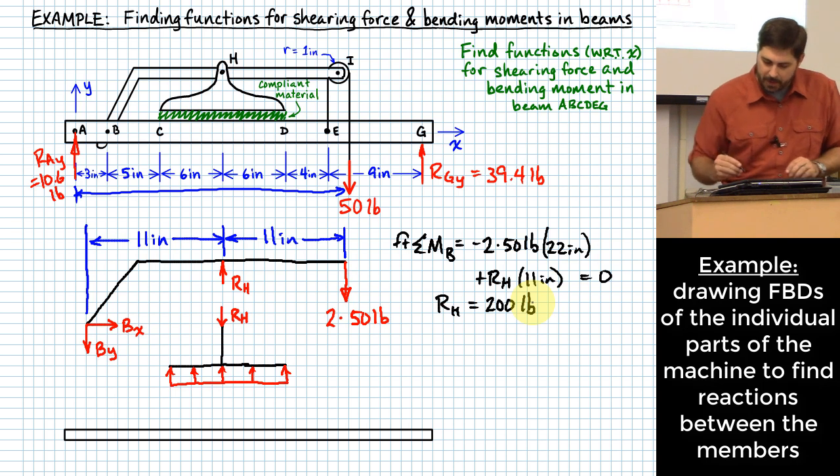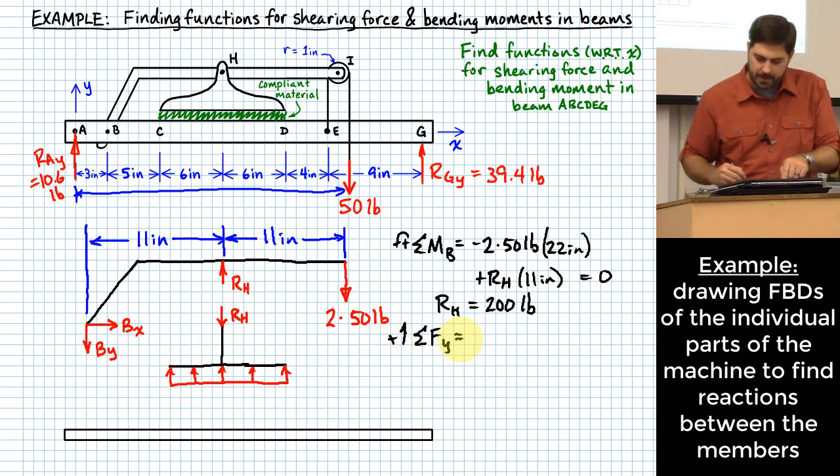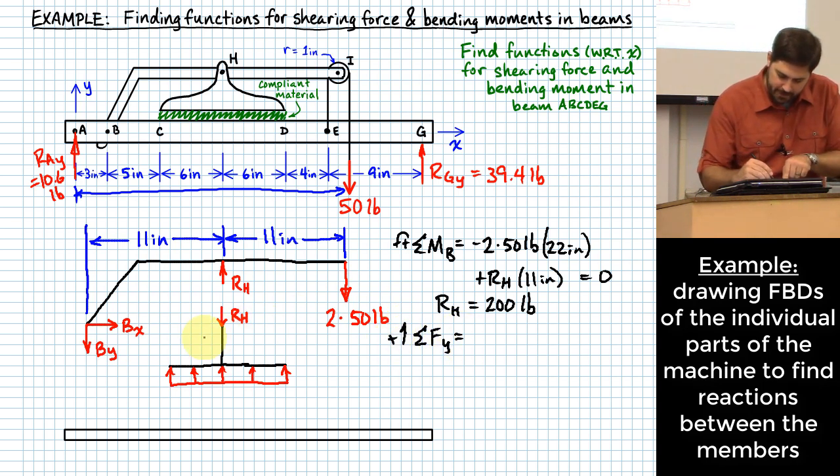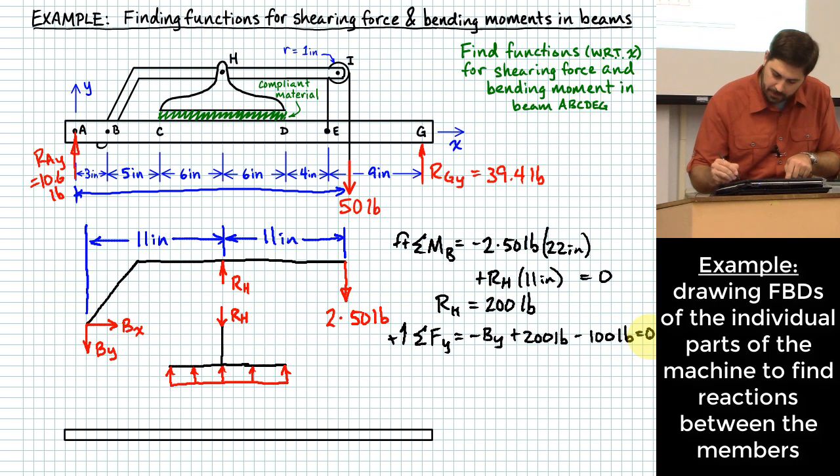Okay? Let me also do a sum, while I'm on this diagram, a sum of forces in the y direction. And there I will have minus By plus this 200 pounds that I just found for RH pushing upward, right? Then I have minus 100, or 2 times 50 pounds. And all this is going to be equal to 0.